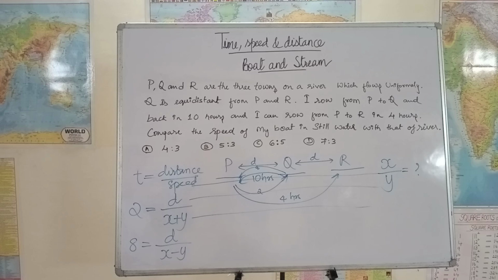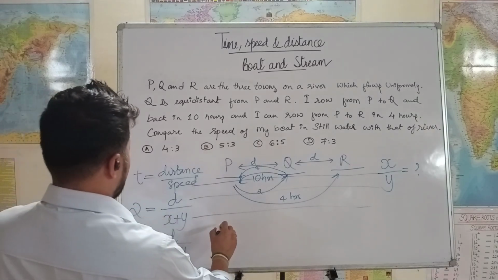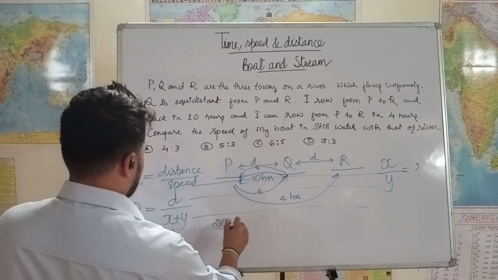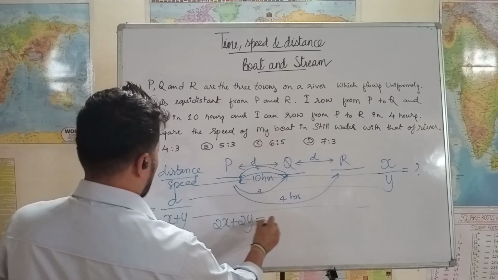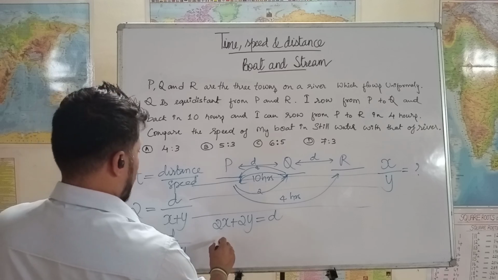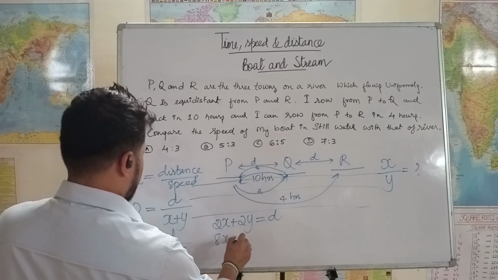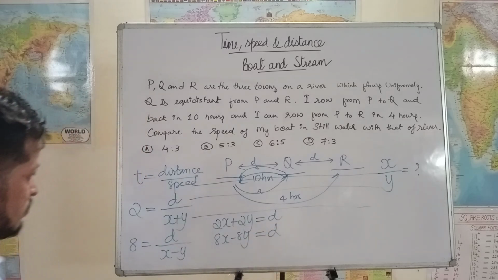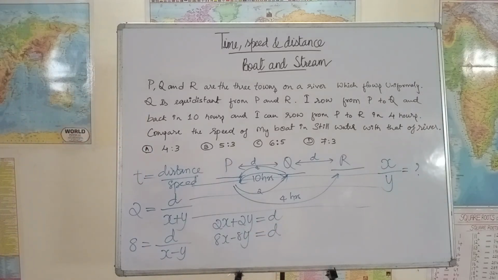Now we need to find the ratio between x and y. So how do we simplify? Let's take this equation. This shows 2x plus 2y is equal to d, and 8x minus 8y is equal to d. Can we simplify further?